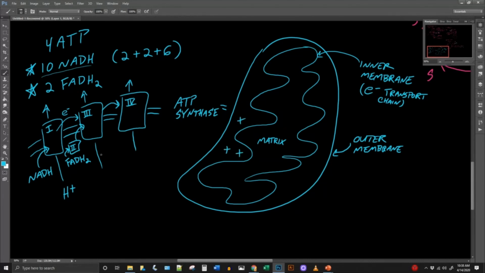For every FADH2, you get 2 hydrogens pumped into the intermembrane space. And there we have 10 of these NADHs, so we're going to get a lot of them. So 3 for every 1, 2, 3, 1, 2, 3, 1, 2, 3.